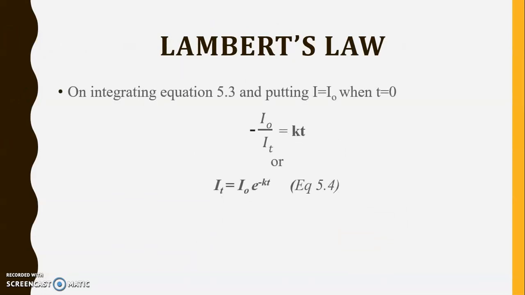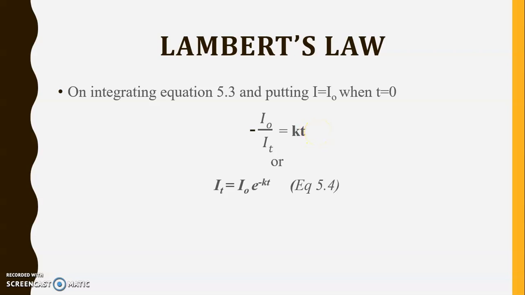Further, when we carry out the integration of the above equation 5.3, and put I equal to I0 when thickness t equals 0, the equation becomes ln(I0/It) equals kt. So from the rate of decrease we integrate that equation.